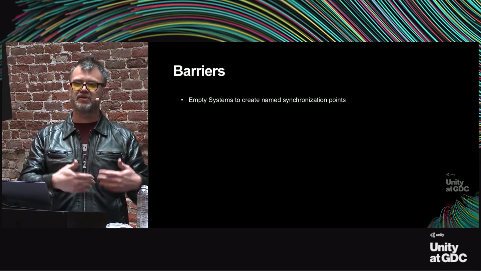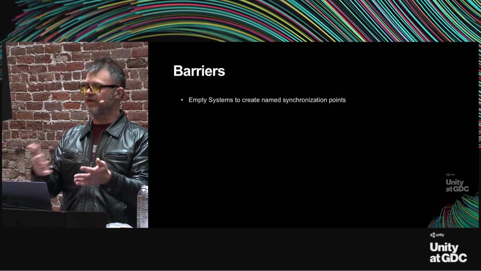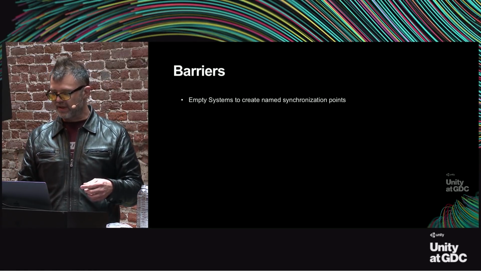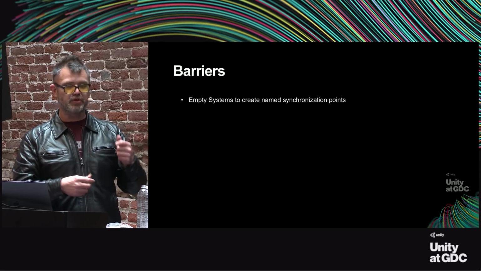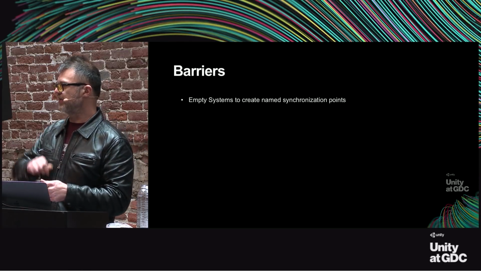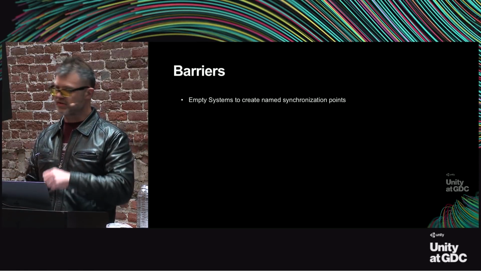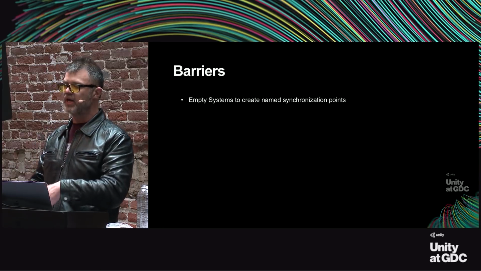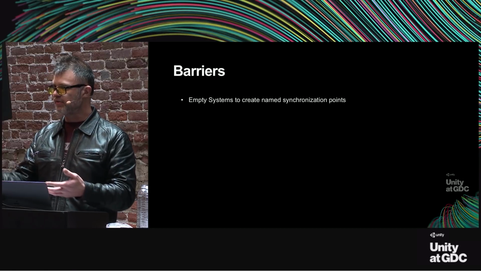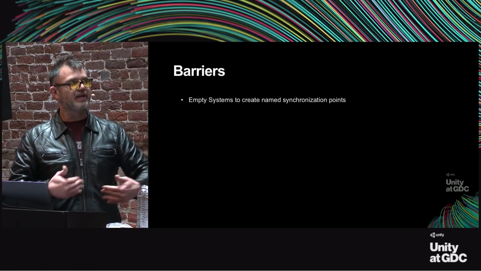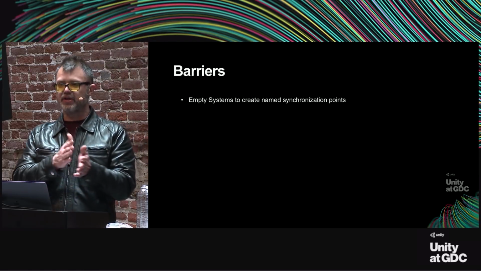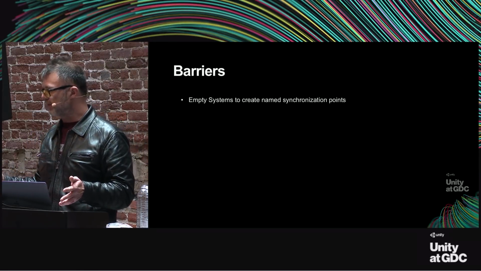So I want all of these things done before this point, or alternatively, I don't want to start anything after this point until all of these things are done. And that's largely because if you do system-to-system dependencies, every system you're trying to draw that diagonally, saying this system has to wait for that system, and this system has to be after that system. At some point, that becomes too complicated for you to manage. So having very high-level barriers that you can manage and that you can name gives you a much simpler way of managing your frame. And honestly, you want to minimize the synchronization points across the frame anyway.